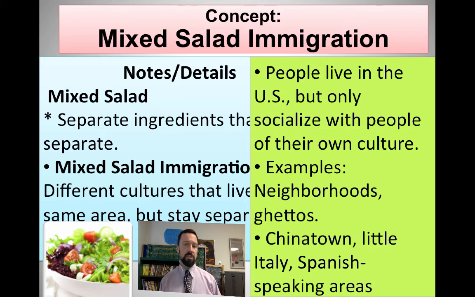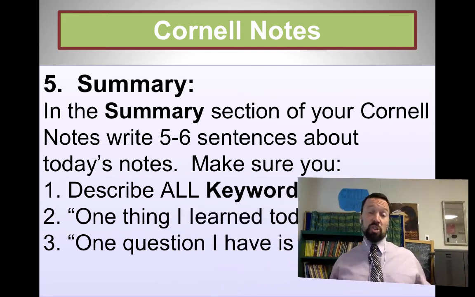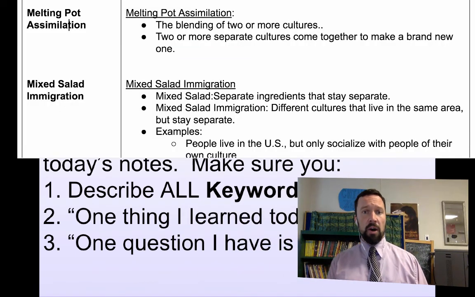Chinatowns are great examples. Little Italy, Spanish-speaking areas. You can find this in every major city. People staying in their own little separate groups and speaking their own languages, but still living in the United States. So there you have it, the two theories of the immigration model, the assimilation models.